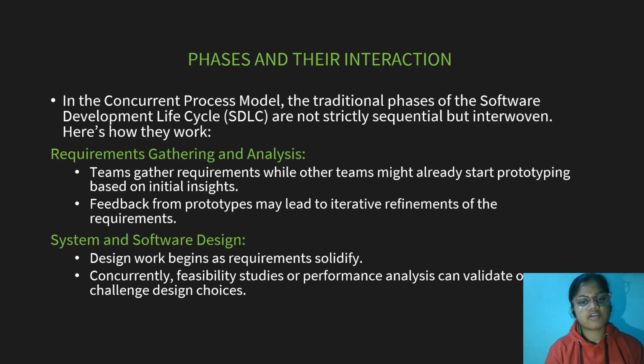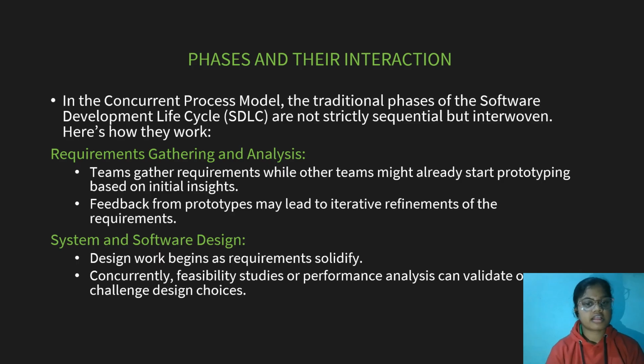Teams gather requirements while other teams might already start prototyping based on initial insights. Then feedback from prototypes may lead to iterative refinements of the requirements. Here there are two kinds of requirement gathering.